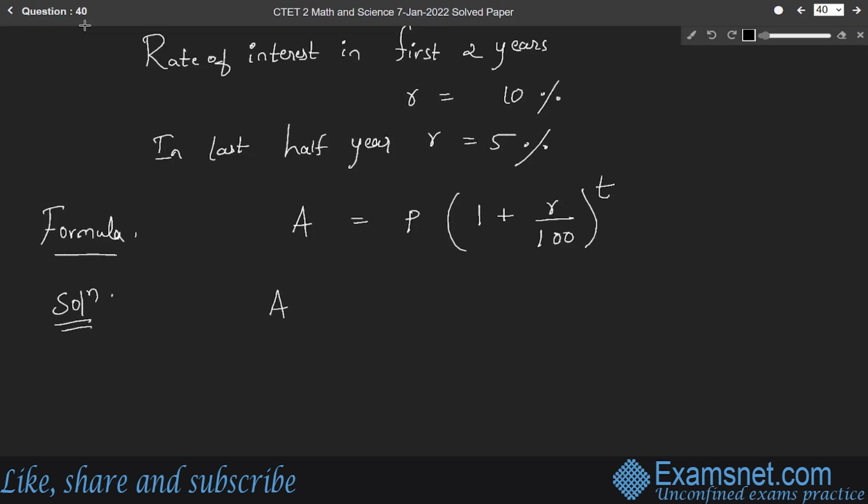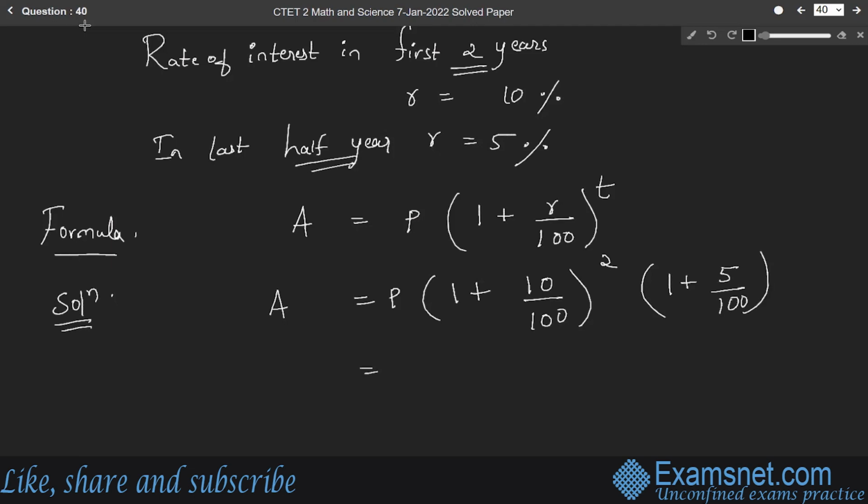So here solution. Amount is equal to principal. Here we have two cases, rate of interest in first 2 years and rate of interest in last half year. Therefore, it is 1 plus, right? So rate of interest in first 2 years is 10 by 100 to the power of 2. And in the second case, it is 1 plus 5 by 100 rate of interest, right?